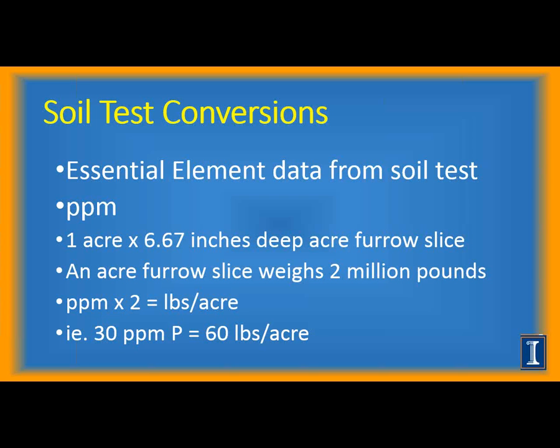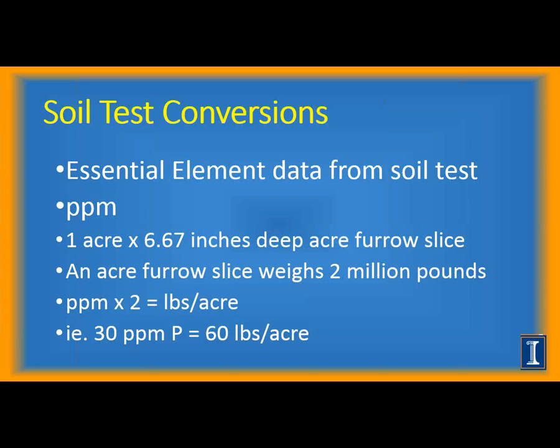A part per million literally means that if you have 1 million parts of soil by weight, and you have one weight unit of that essential element, that is a part per million. But it's really handy that for an average bulk density of soil, you assume about 1.3, and you look at what we call the acre furrow slice, which is about 6 2/3 inches deep. That volume, 1 acre by 6 2/3 inches deep, weighs about 2 million pounds, okay?